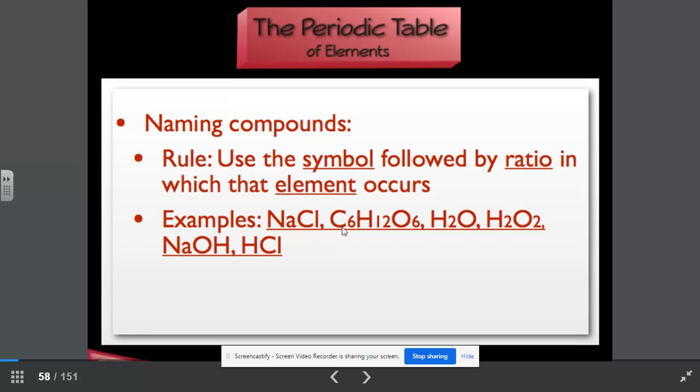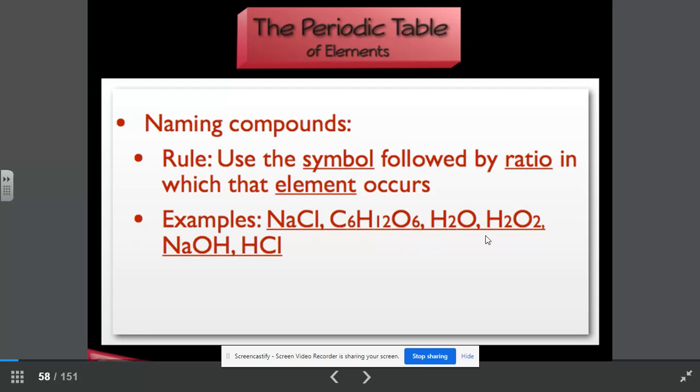Here we have carbon, hydrogen, and oxygen: 6 atoms of carbon, 12 hydrogens and 6 oxygens. When they are chemically combined, we get a brand new substance called glucose.